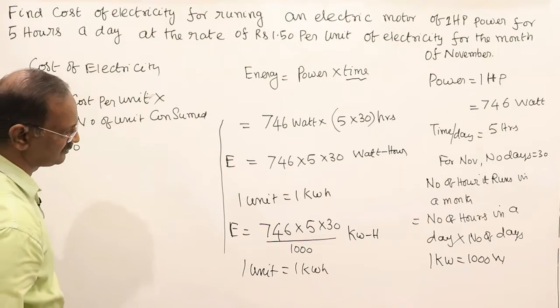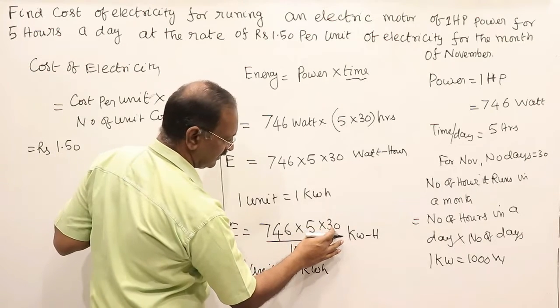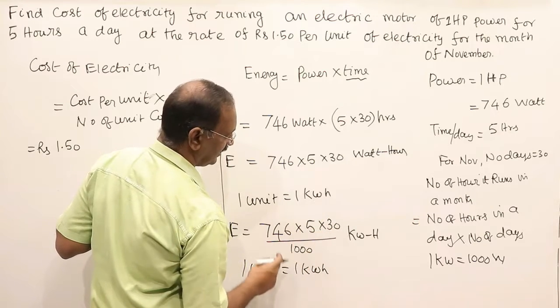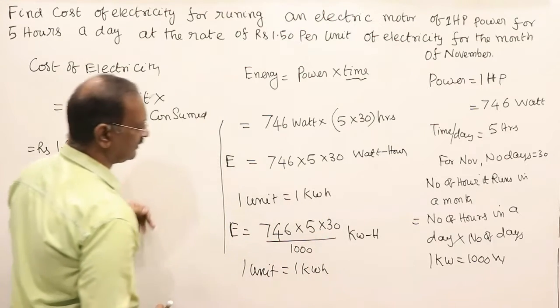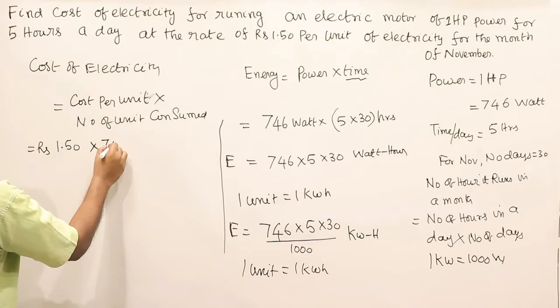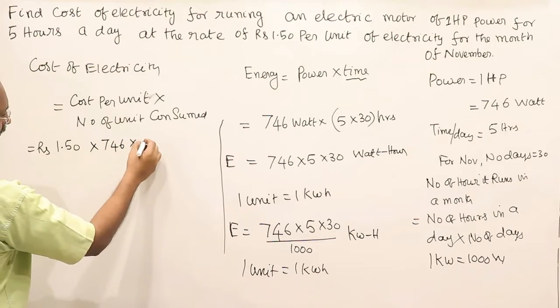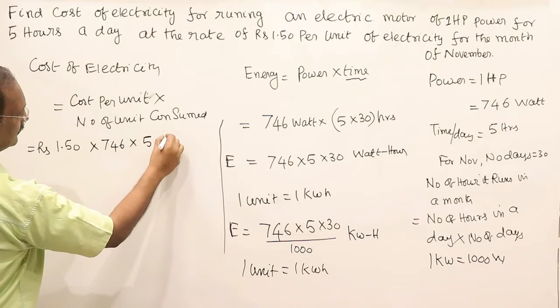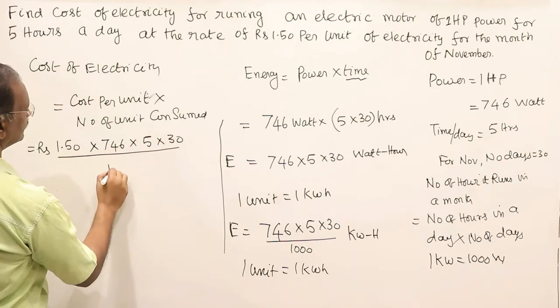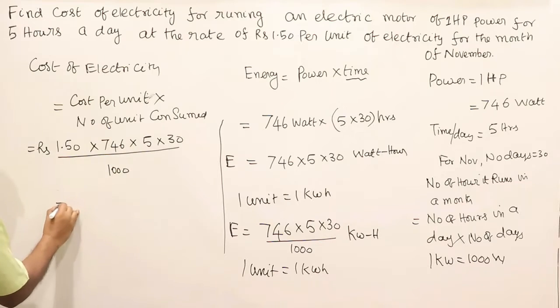And how much energy is used in 30 days? If it runs for 30 days and each day 5 hours, this is the time and this is the power, with kilowatt conversion: 746 into 5 into 30 divided by 1000. You can calculate its value.